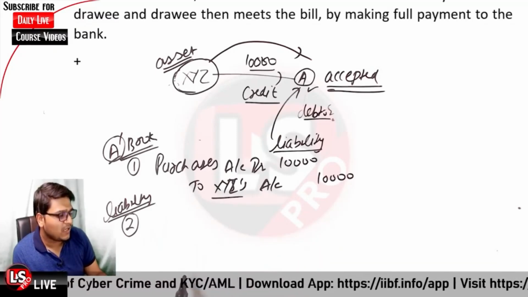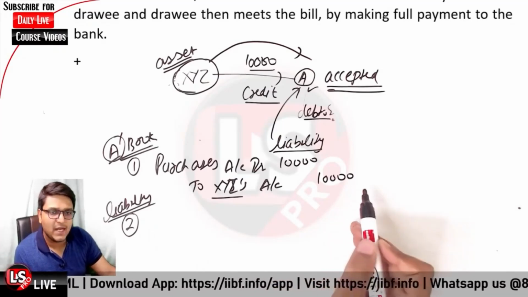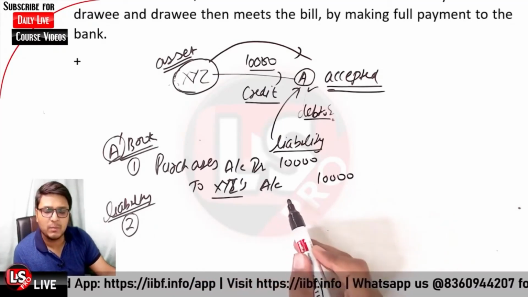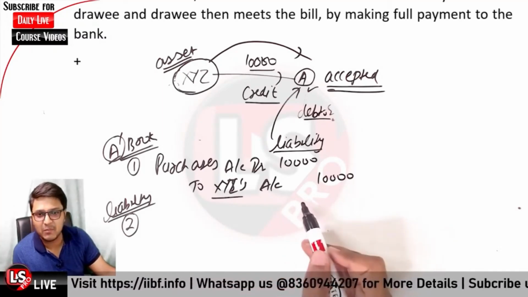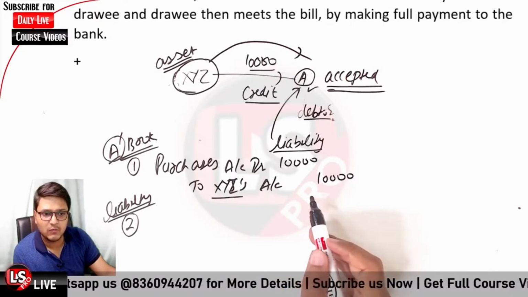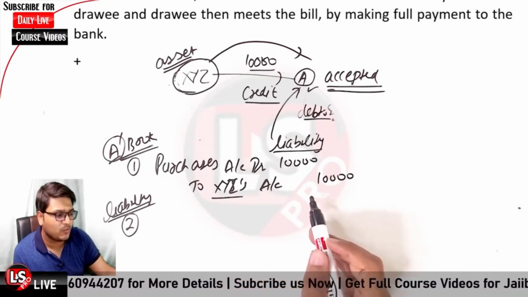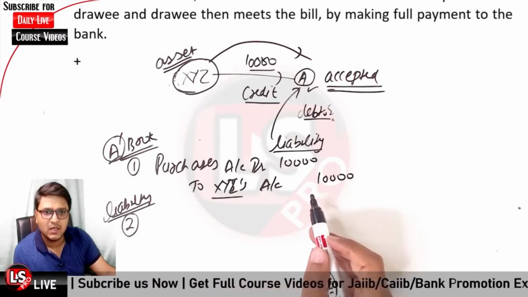Now in that particular case, the amount is basically accepted to be paid. Now further, what would be done in that particular case? Which particular account would be debited?